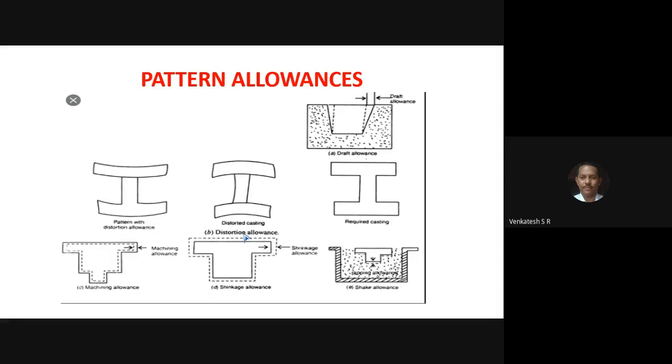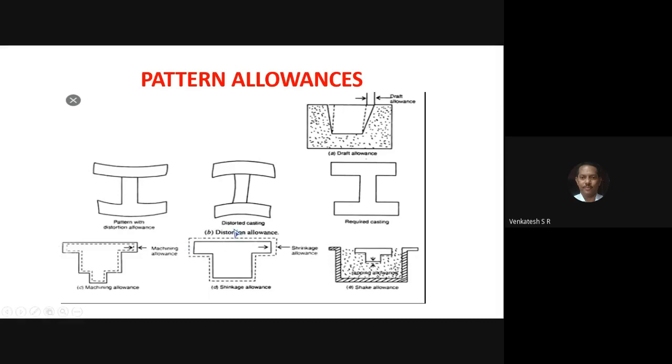At that time, the mold cavity requires a little amount of metal. That little bit of metal can be provided by using a riser. The riser works as a governor: whenever a mold cavity requires liquid metal, it is supplied by the riser in order to compensate for the volume contraction.